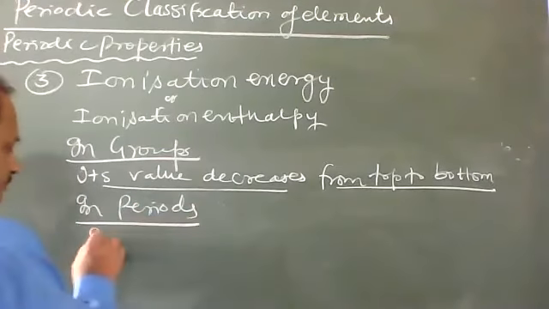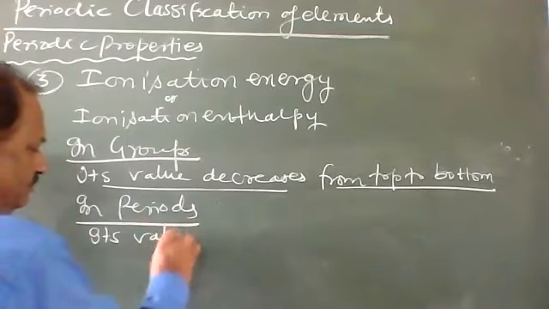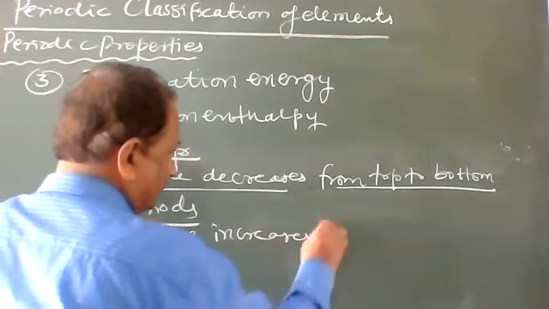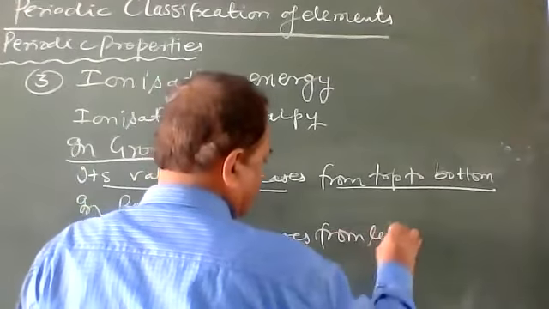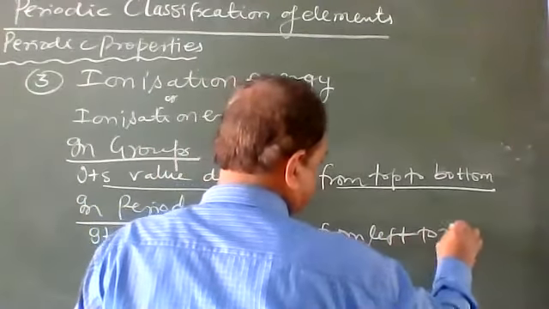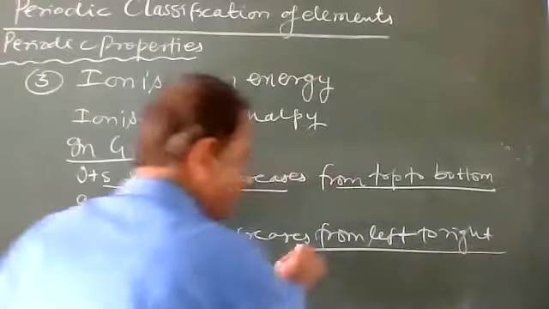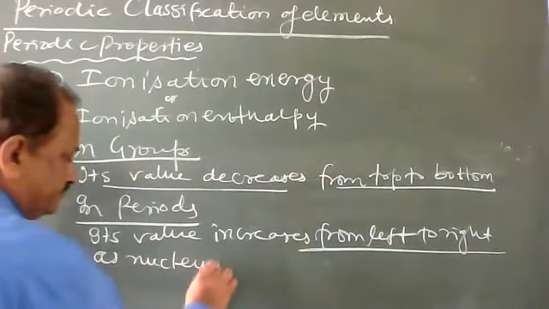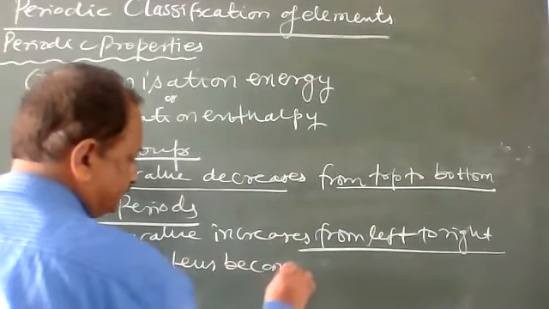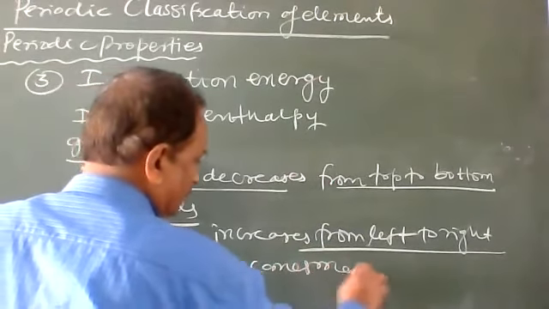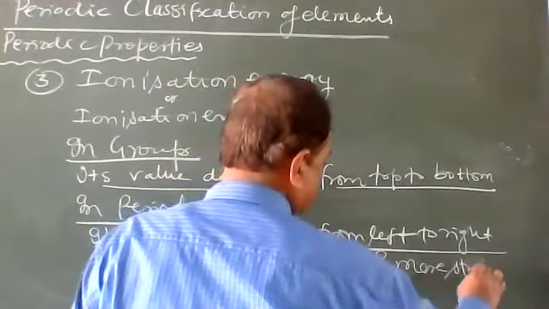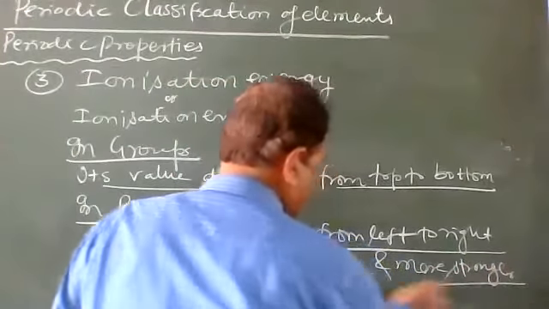Now in periods, what we can say? Just opposite. Its value increases from left to right as the nucleus becomes more and more strong.